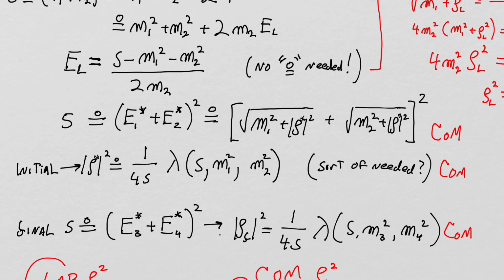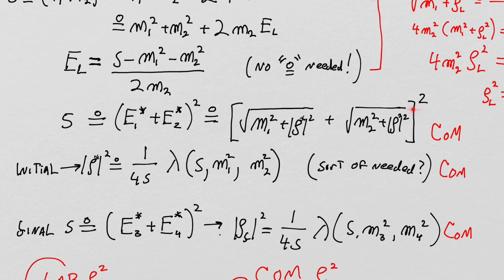So now I write this expression, and I immediately do the obvious substitution for E1, square root of mass 1 squared plus rho squared, and E2, square root of mass 2 squared plus rho squared. And now I have that same structure that we've been used to from the decays, right? This is where our work on the decays just pays off right away.